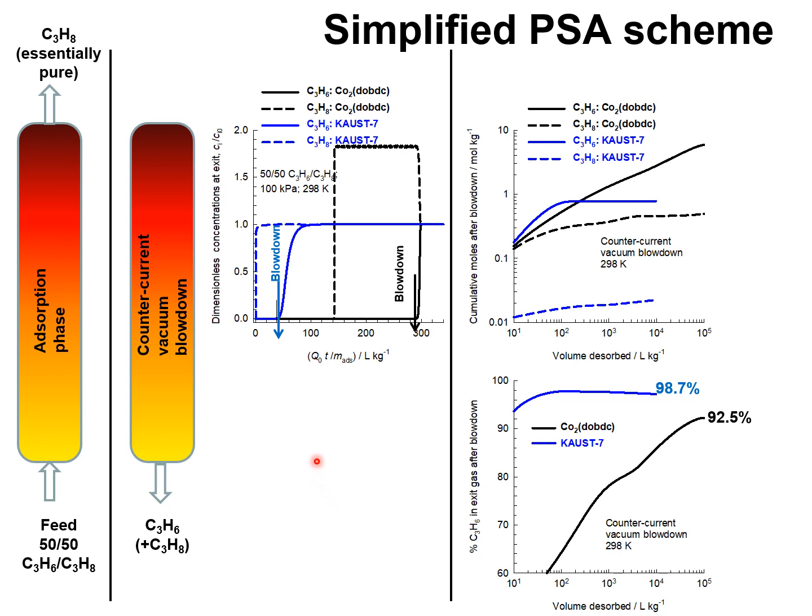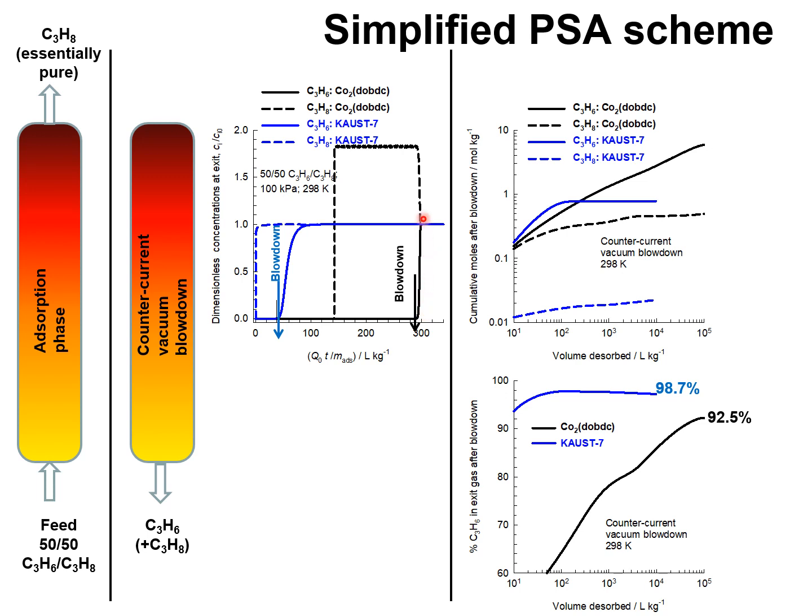I now compare the adsorption and desorption cycles for two different MOFs, cobalt MOF74 and KAUST-7. These two MOFs have two different strategies for propane-propylene separations. Let's look at the simulations of the adsorption cycle.